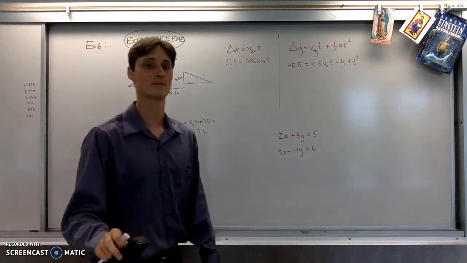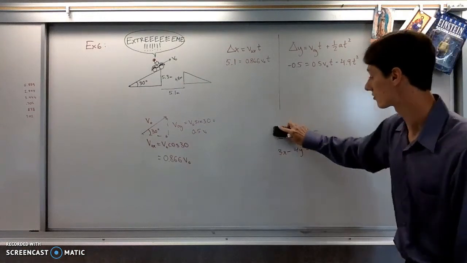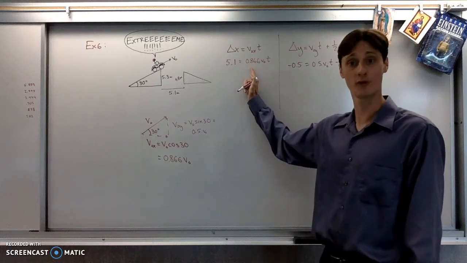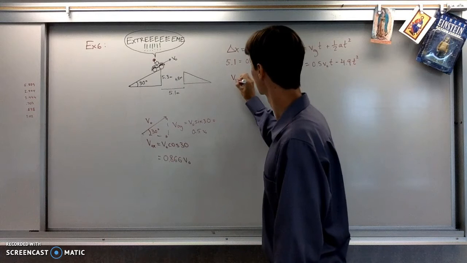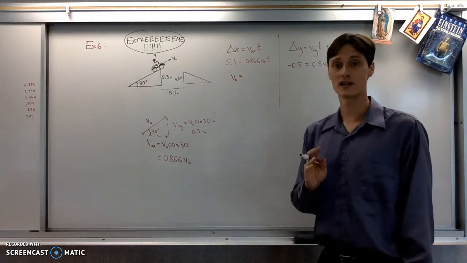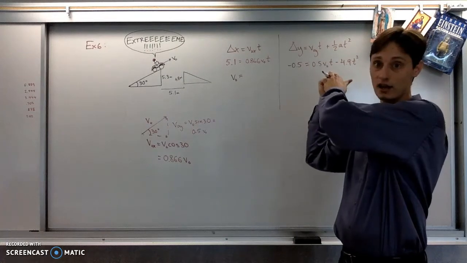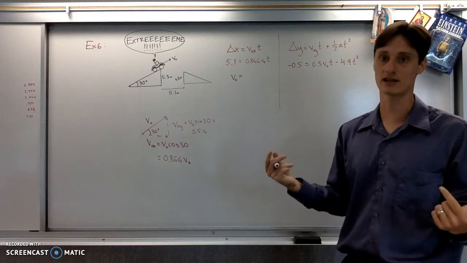The point is, it doesn't matter that you have two unknowns in every equation. You can solve this equation for v naught, and it won't be a number, but it will be something that you can plug into the other equation that will allow you to easily and conveniently get the answer.